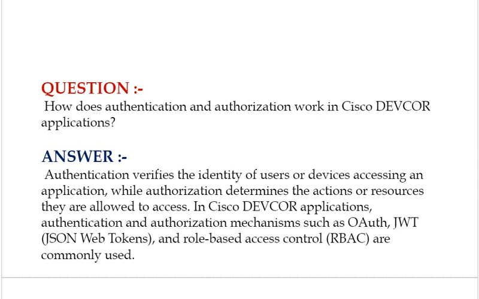In Cisco DevCore applications, authentication and authorization mechanisms such as OAuth, JWT, that is JSON Web Tokens, and role-based access control, RBAC, are commonly used.